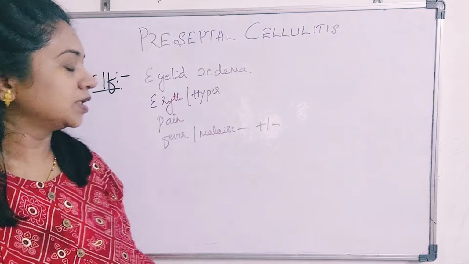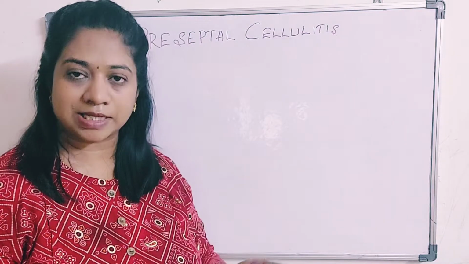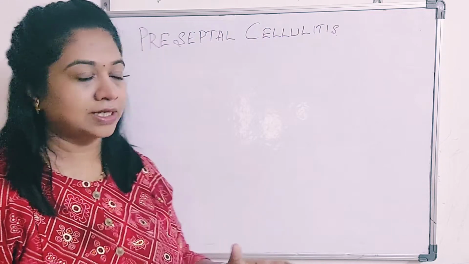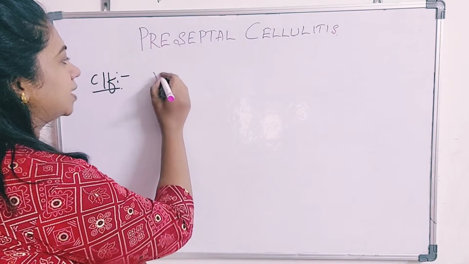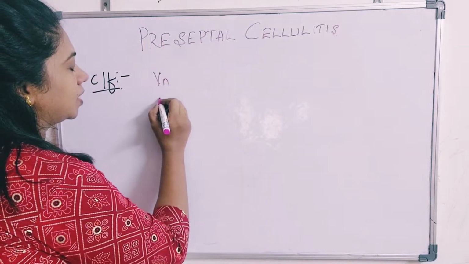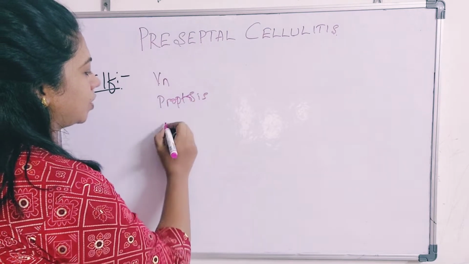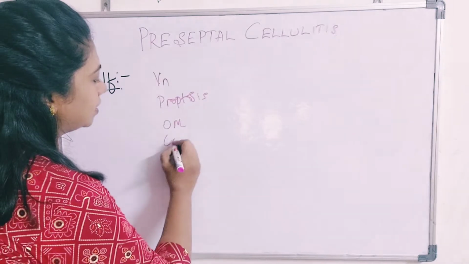So more than knowing what is present in the preseptal cellulitis, it is important to know which symptoms are absent. The symptoms which you should concentrate on are vision, proptosis, ocular movements, and even the conjunctiva.